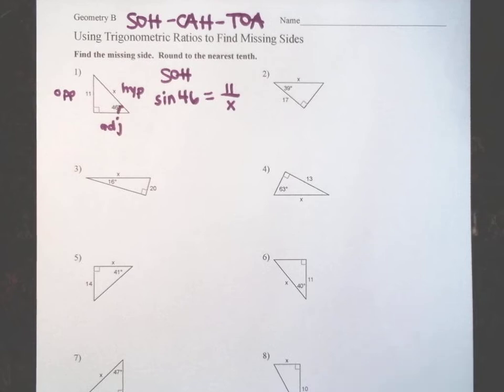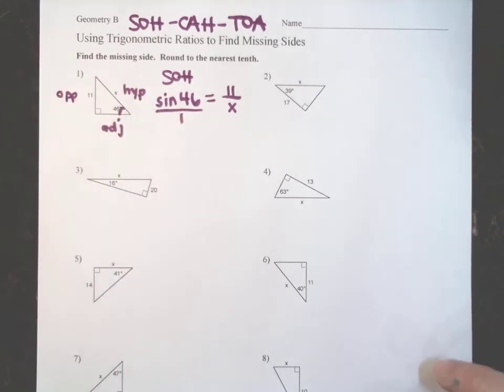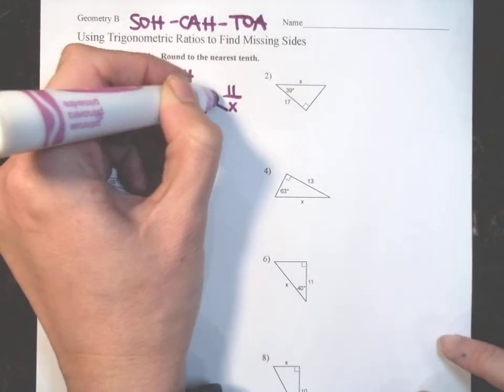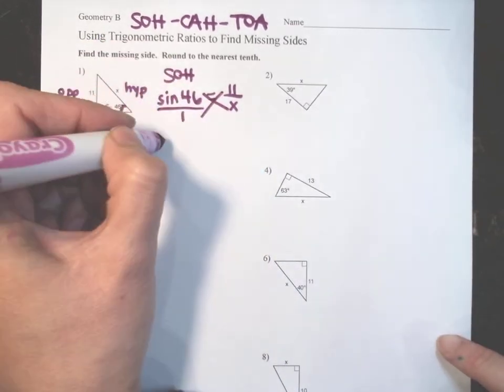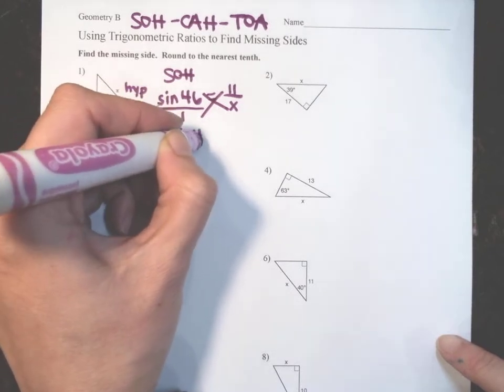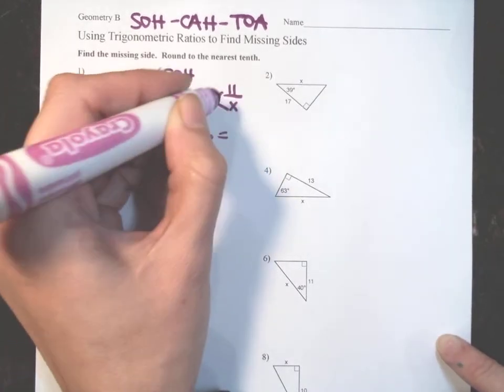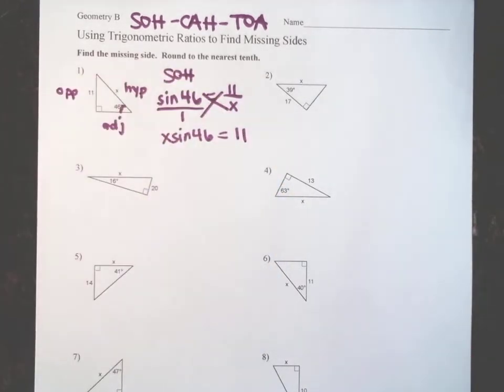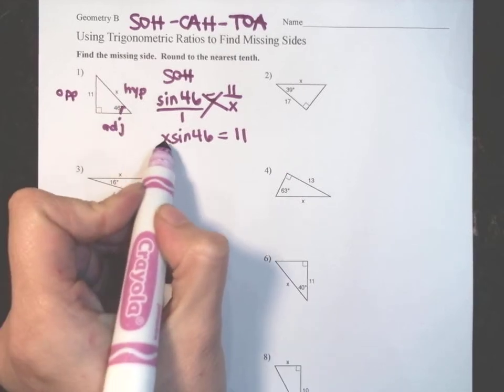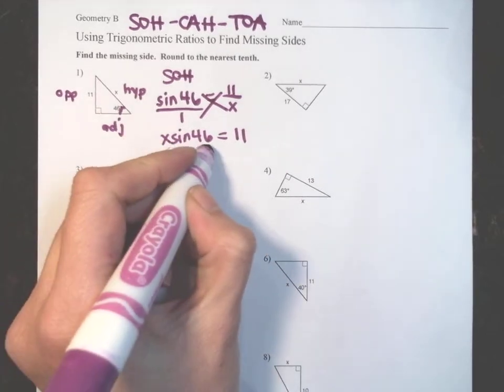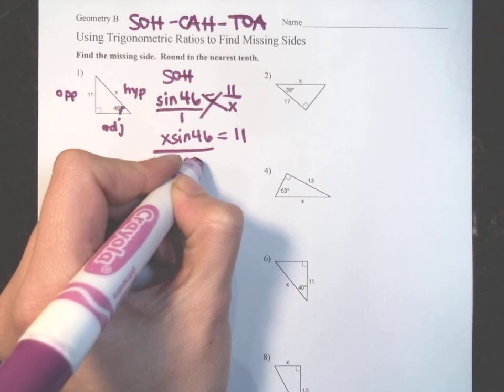So we figured out which trig ratio to use, and we wrote our ratio. Now we need to cross multiply and solve for x. So we'll make this a fraction too, and we can cross multiply. So we have x times the sine of 46 equals 1 times 11, which is 11. We are trying to solve for x, so we need to divide both sides by the sine of 46.